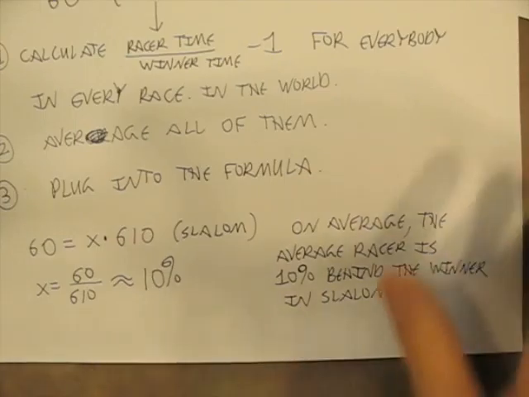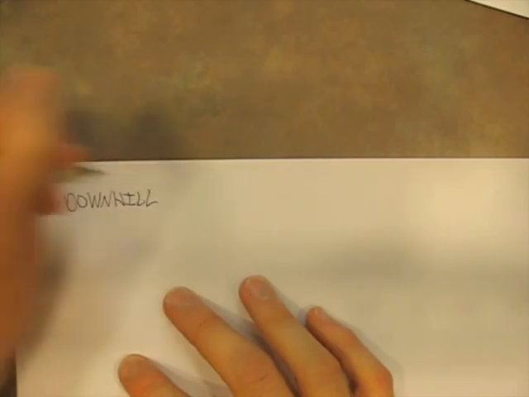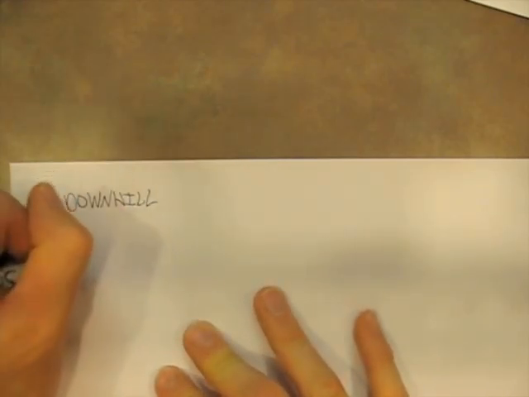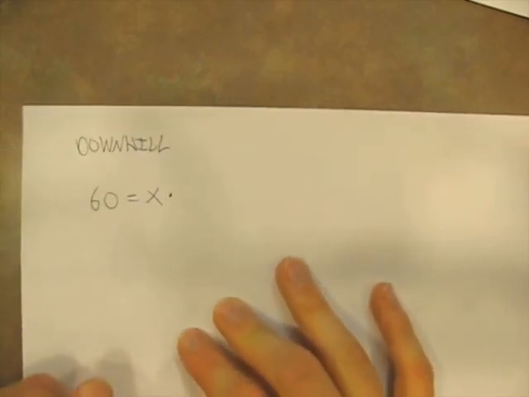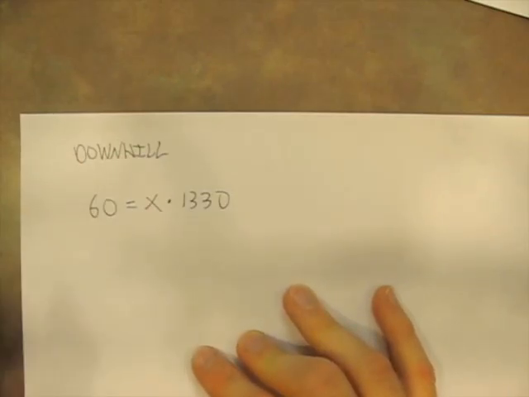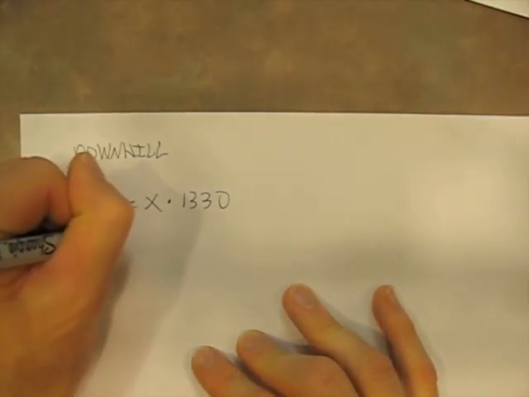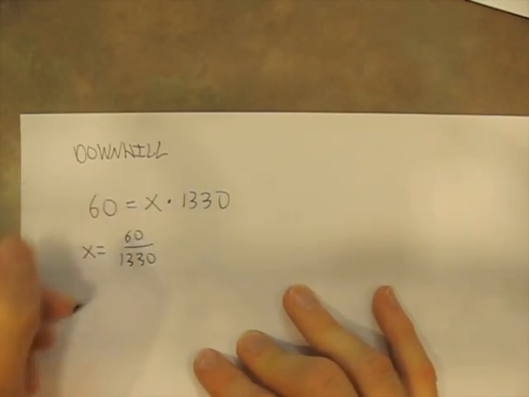And then for downhill, you have 60 equals x times 1330. So x equals 60 divided by 1330.